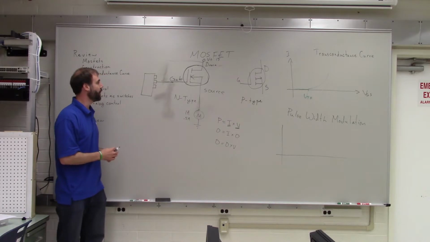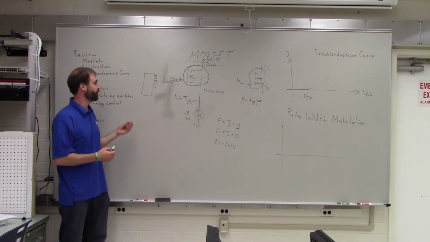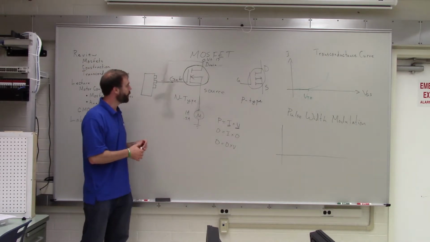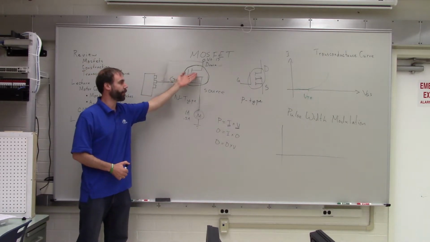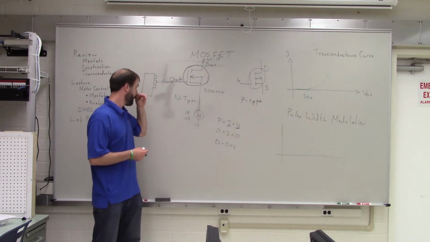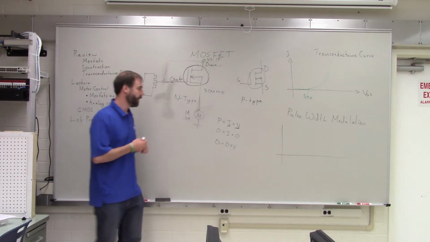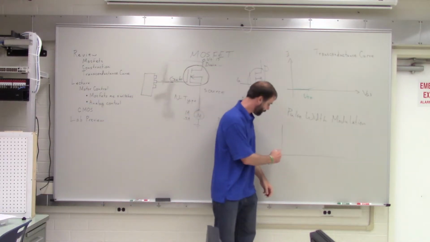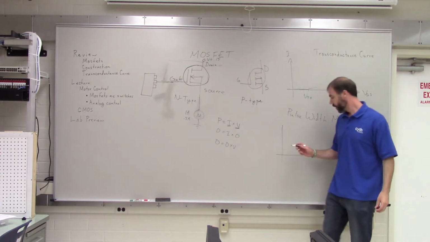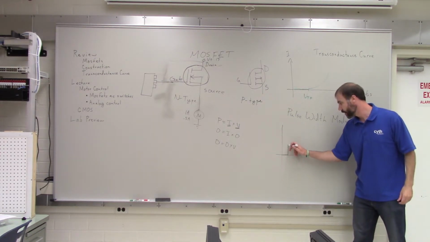And those pulses would either be 0 or 5 volts. So you'd be turning the MOSFET either completely off or completely on. But these pulses would be happening very, very quickly. Okay? So if you looked at them on a chart, what you would see is something like this.